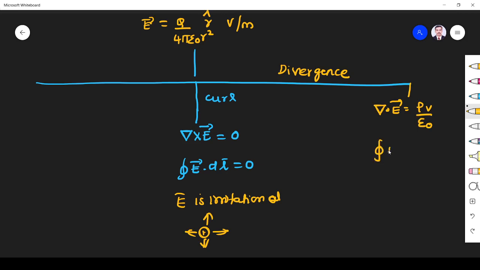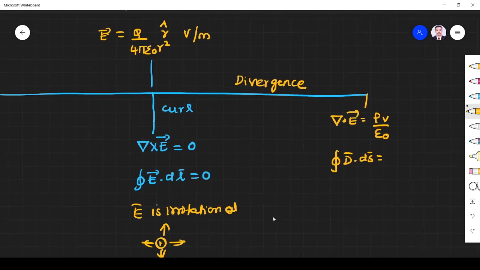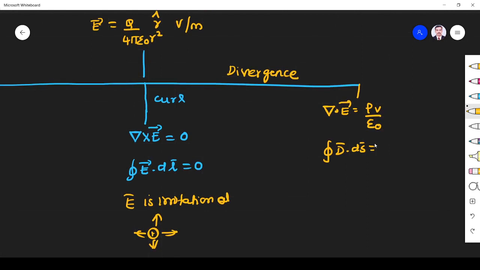Similarly, closed integral D dot ds is equal to Q enclosed, and E dot ds is equal to Q enclosed by epsilon naught in free space. That is equal to flux. These two are known as Gauss law for electric field.